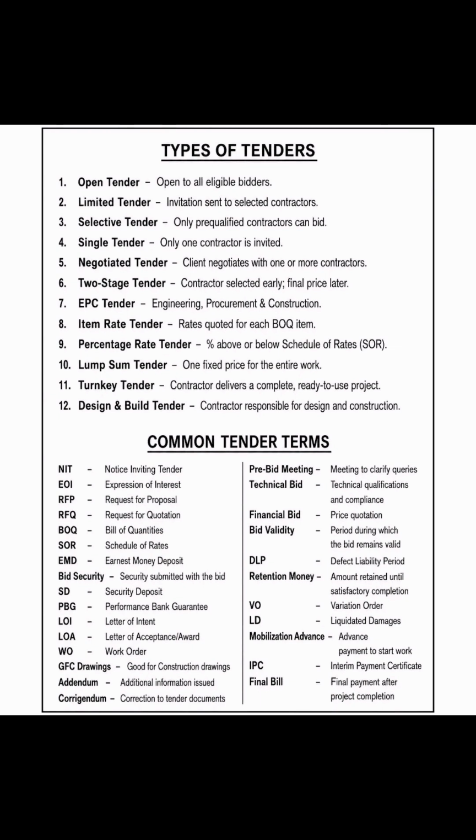Then item rate tender. This has to do with basically supplies. For those that are into supply of chairs, reading items to school, household equipment, all those supplies, the rates are quoted for each BOQ item. So this has to do with your bill of quantity.